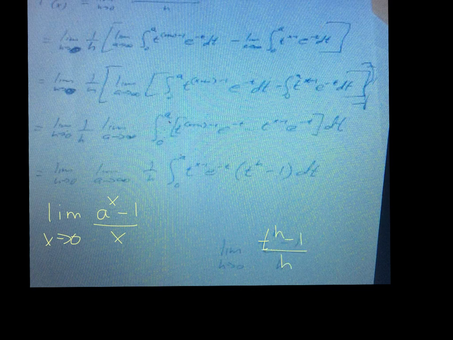Then you'll find that there is a definition in your textbook telling you that that is equal to log base e of a, which we know as ln of a. And so this part here, taking the derivative of that, is going to give you the ln of t.